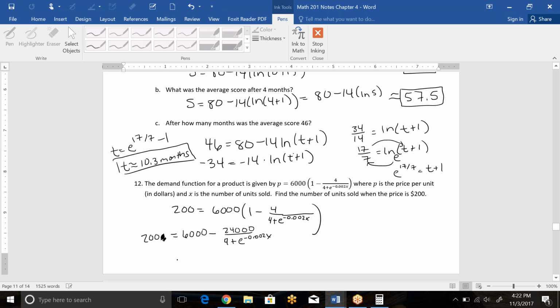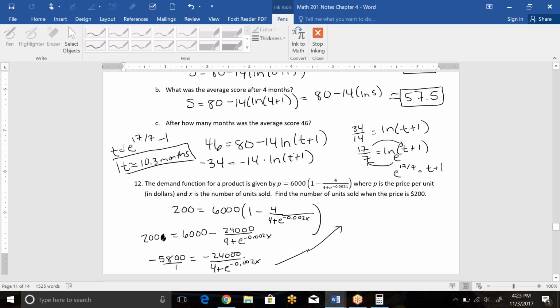We would then subtract over the 6,000, so that's going to make this negative 5,800 equals negative 24,000 over 4 plus e to the negative 0.002x. You can think of that being over 1. Now I'm going to cross multiply.